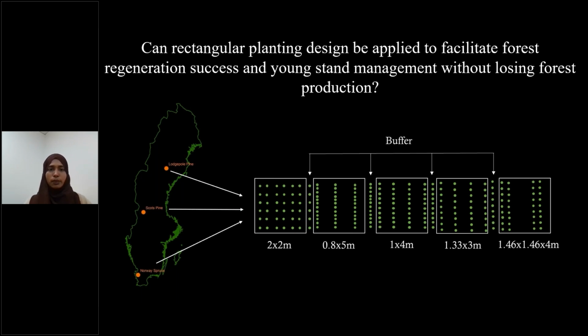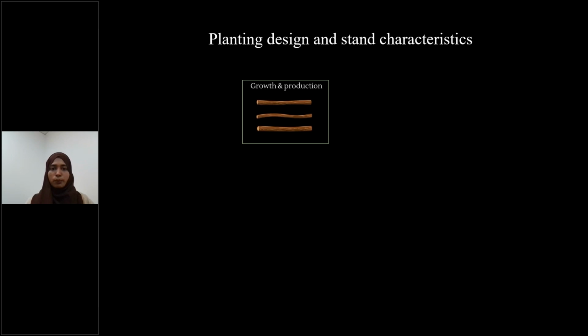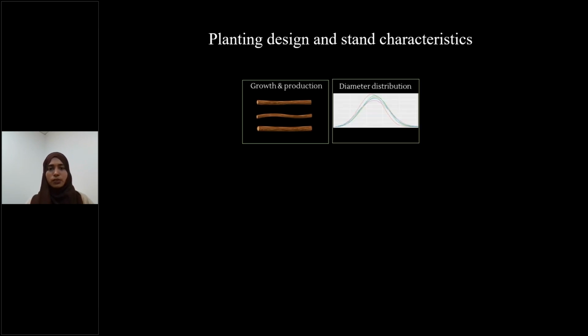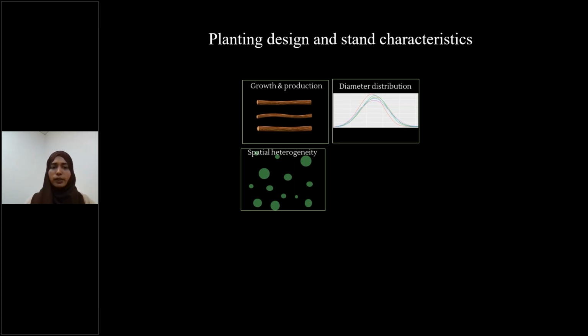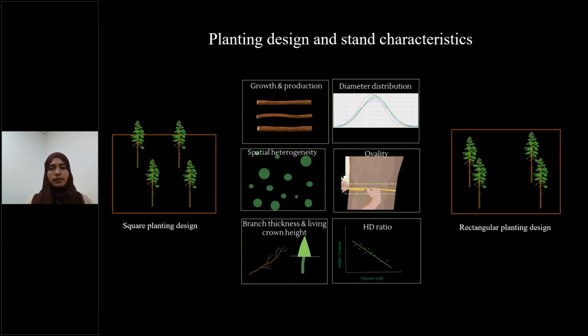Okay, and in the mid-rotation, we looked at some of the stand characteristics like growth and production, individual diameter distribution, spatial heterogeneity, for which we calculated the Gini index stand-wise, and also ovality, branch thickness, live crown height, and also height-diameter ratio. We compared all these stand characteristics between the square planting design and the different rectangular planting designs.